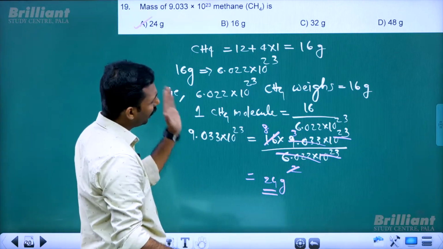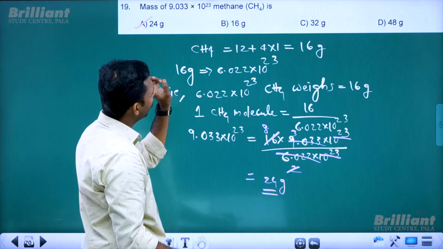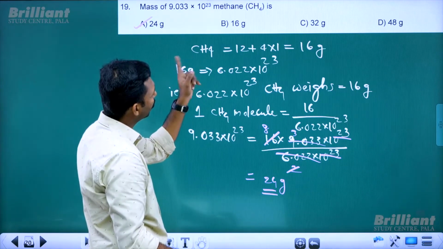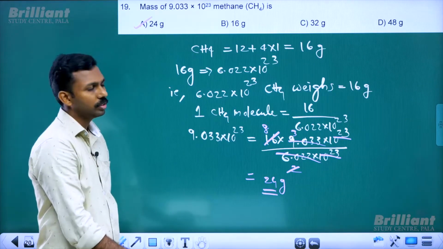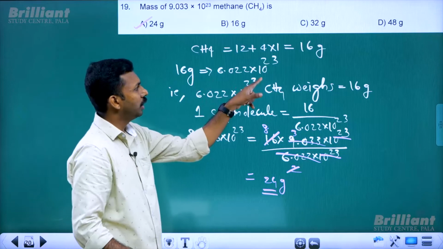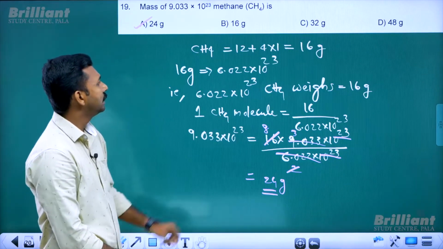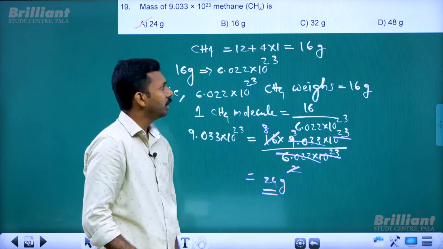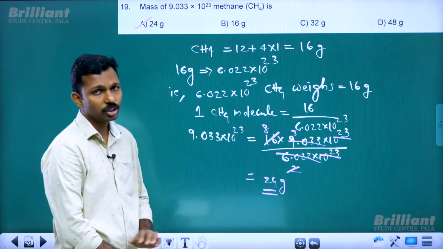The way by which we calculated the mass was that I considered the molecular mass of methane at first. We know that 1 mole or 6.022 into 10 raised to 23 methane molecules weighs 16 grams. Actually, this 6.022 into 10 raised to 23 is related to 9.033 into 10 raised to 23.